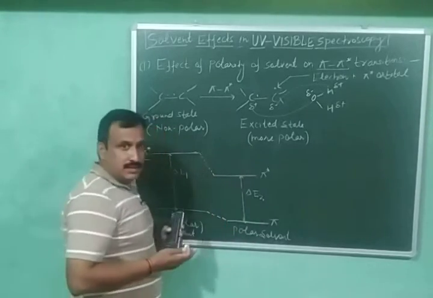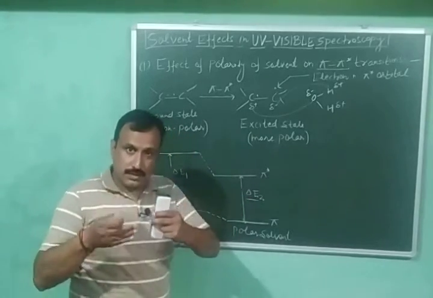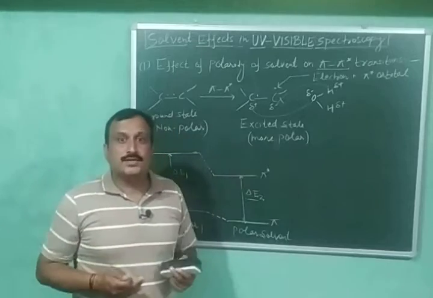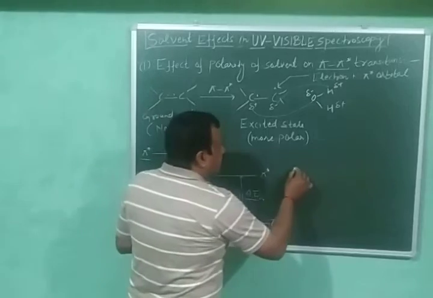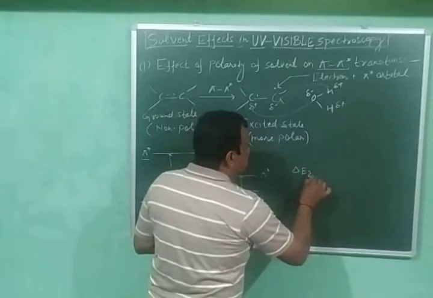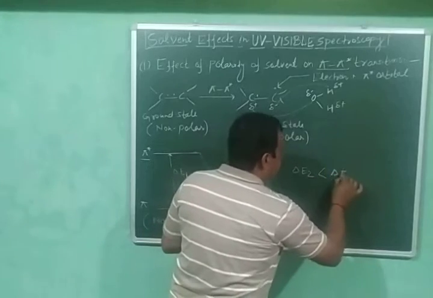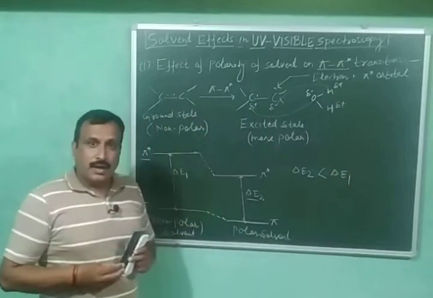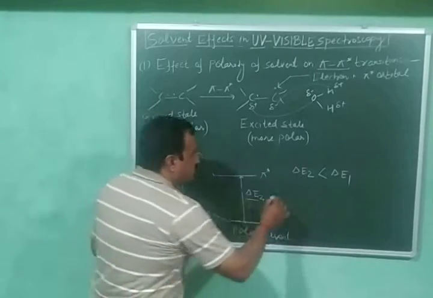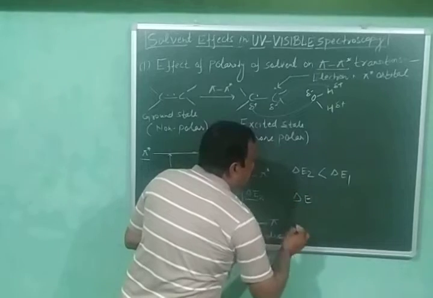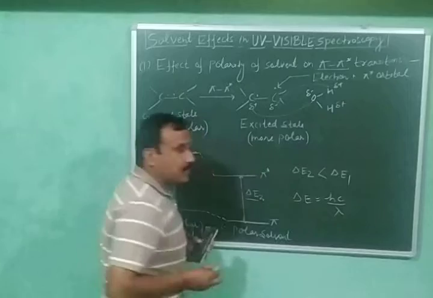Now you can see that the energy difference between the ground state and the excited state has been reduced. This means that delta E2 is less than delta E1, and energy is inversely proportional to wavelength. You know it, that is delta E is equal to hc upon lambda.